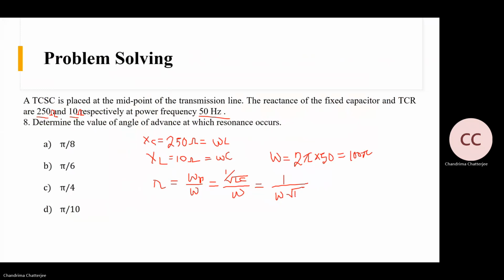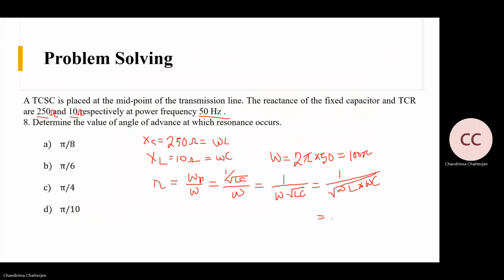Now, if you just put the omega inside the square root, then it becomes omega square. So we can write this as omega L multiplied by omega C, because omega we have put inside the square root.